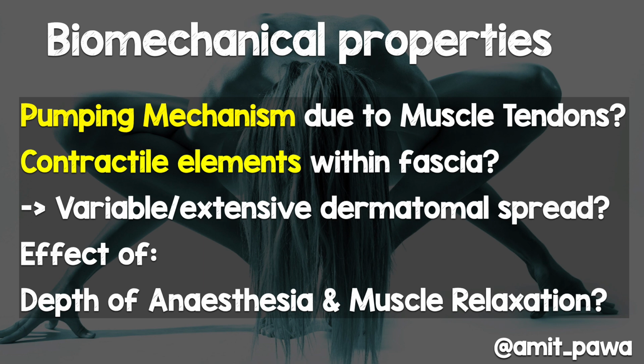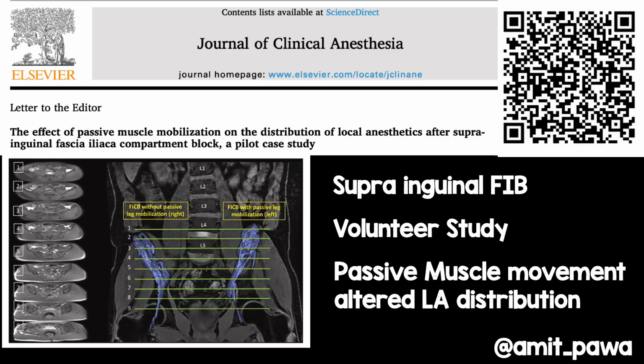We also wonder what impact the depth of anaesthesia and muscle relaxation may have on the spread of local anesthetic within fascia. Now, here's an interesting paper. They did a suprainguinal fascia iliaca block on volunteers, and they noticed that passive muscle movement altered the distribution of local anesthetic. So that kind of fits in with that option.